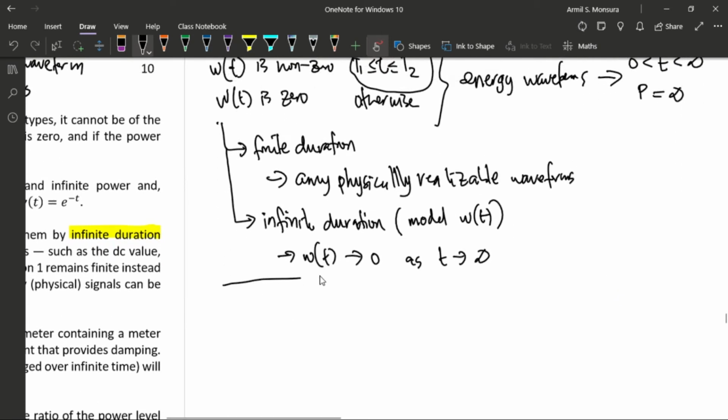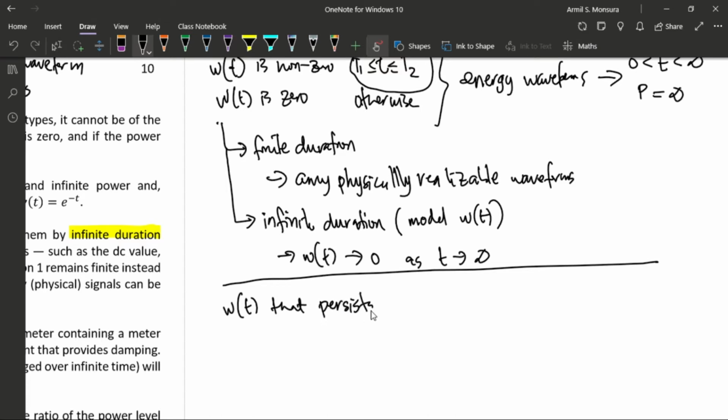However, waveforms that persist, or that have non-zero values for all values of time, so waveforms that persist for all values of t, are considered to be power waveforms.